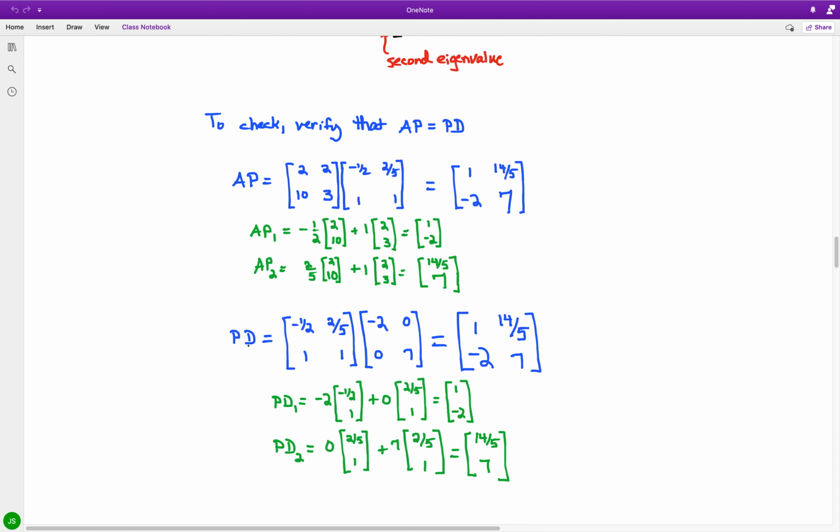And for P times D, with P and the diagonal D, running it together, PD1 is 1, -2, PD2 is 14/5 and 7, and notice that the products are the same. So this particular matrix A is diagonalizable, where the diagonal comes out to -2, 0, 0, and 7.